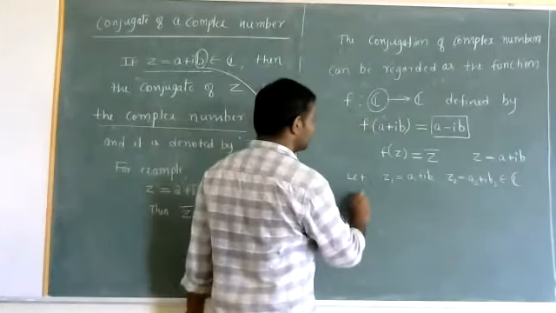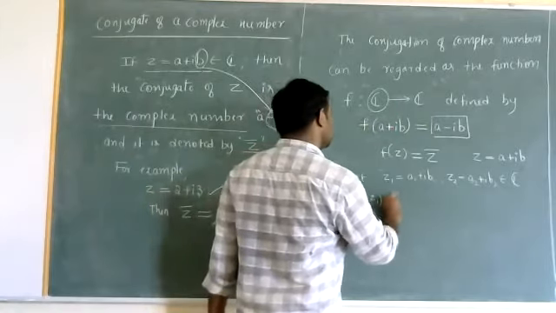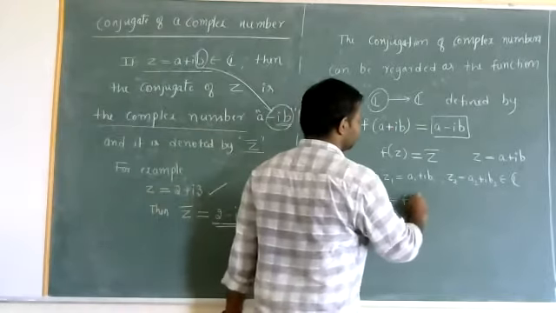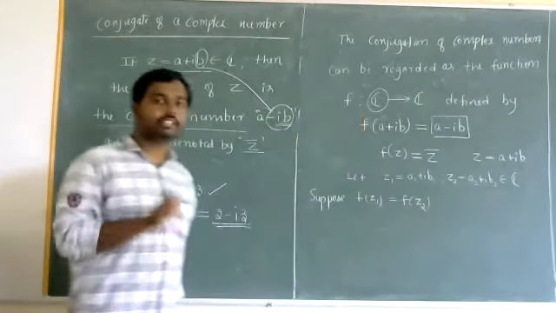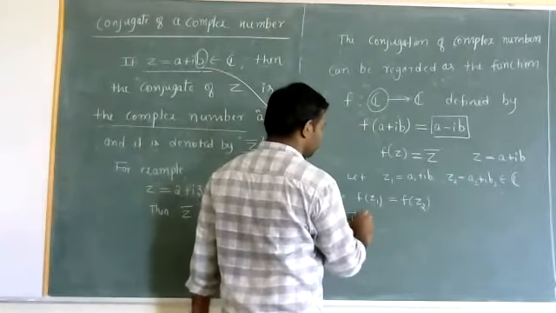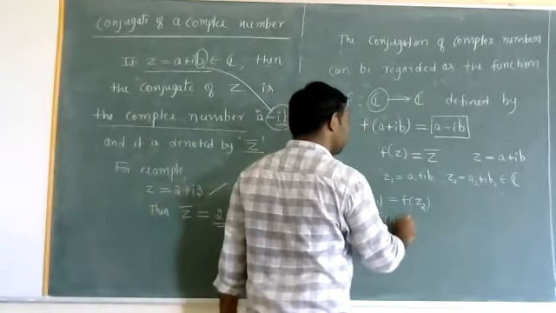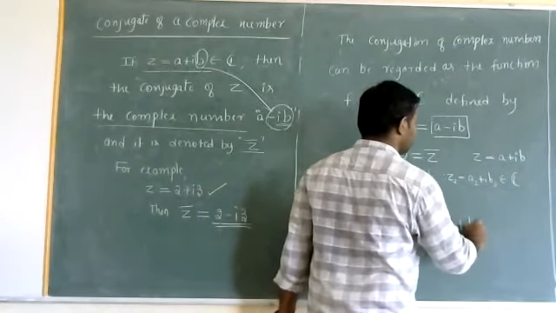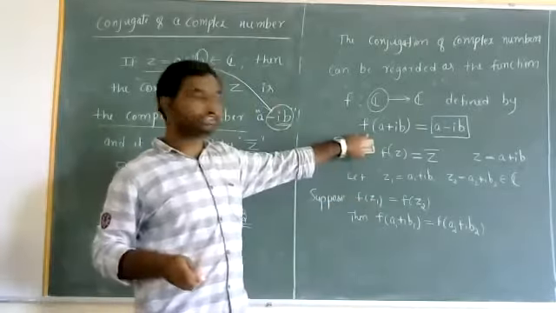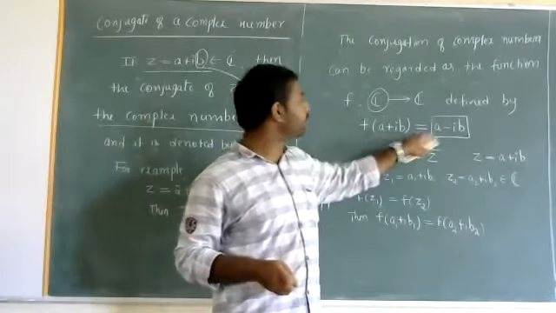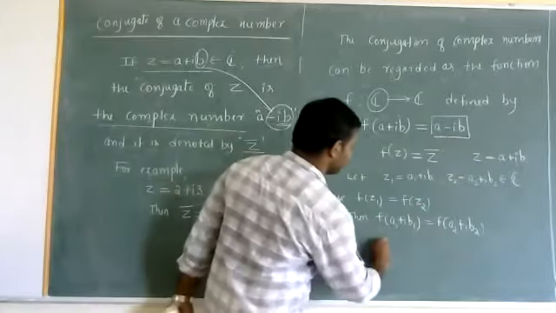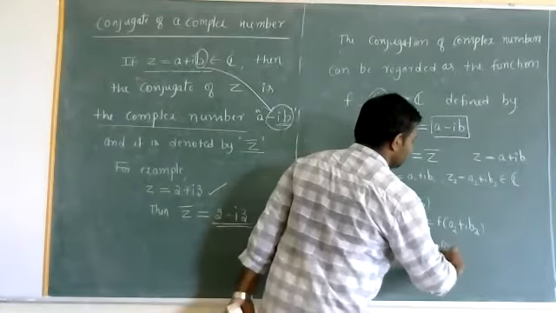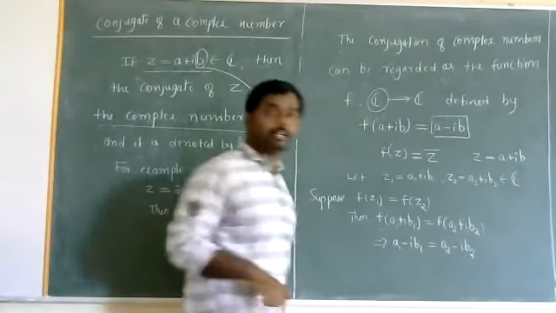Then suppose f of z1 is equal to f of z2. Then that is f of a1 plus ib1 is equal to f of a2 plus ib2. According to our definition, the image of a plus ib is a minus ib. That is, it is a1 minus ib1, and it is a2 minus ib2.